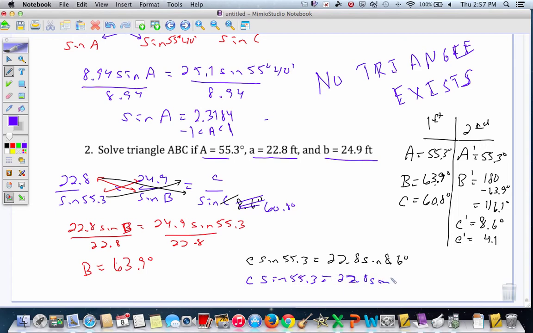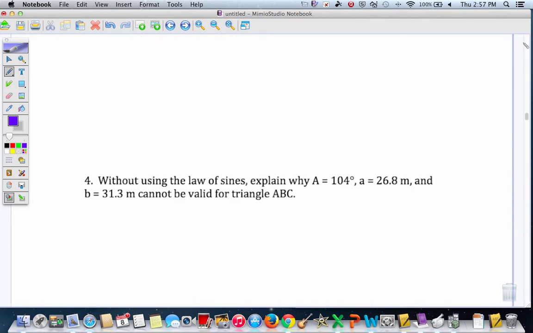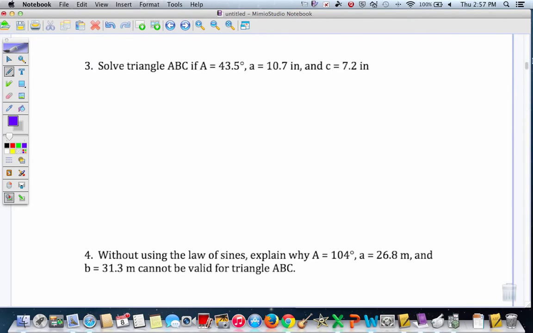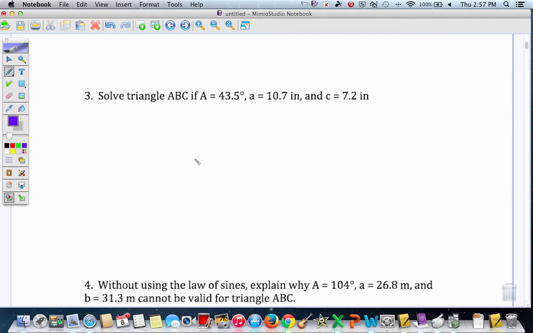C times the sine of 55.3 equals 22.8 times the sine of 60.8 degrees. And we'd solve for side C in that case, and side C would be about 24.2. So you can see an example where we have two triangles that would exist from our ambiguous case here.